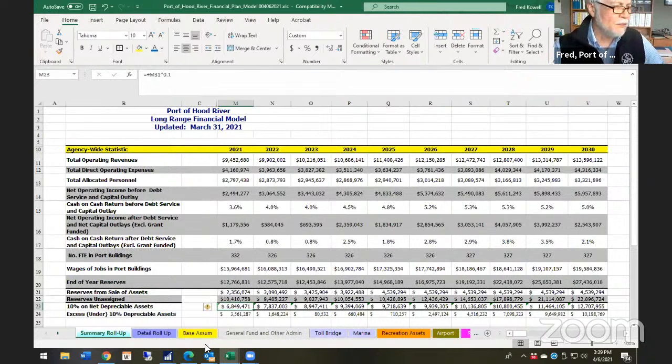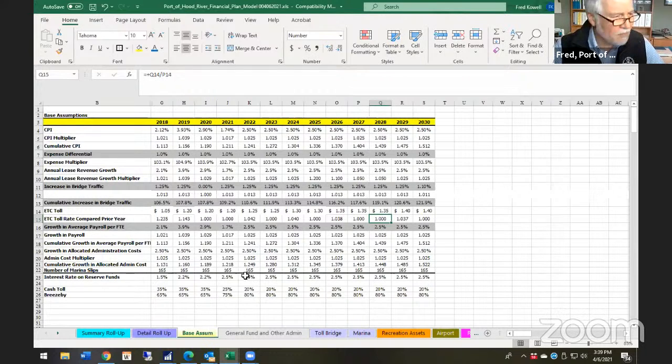Let me go forward. So what drives this model is your base assumptions. In this page, I think it's your second page that's in your packet related to the 10-year financial forecast, you have, and I have a little more than 10 years here, but basically the CPI.